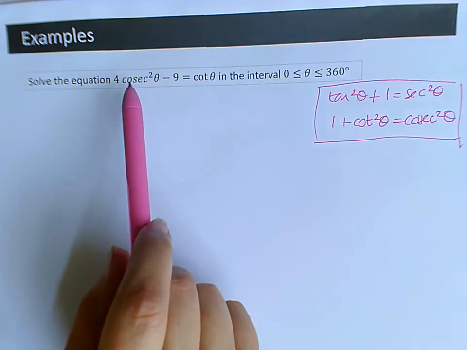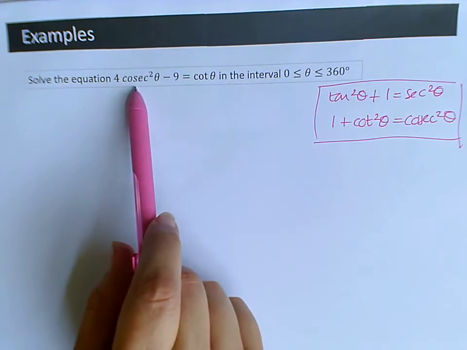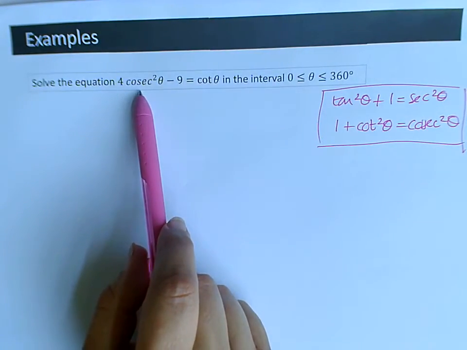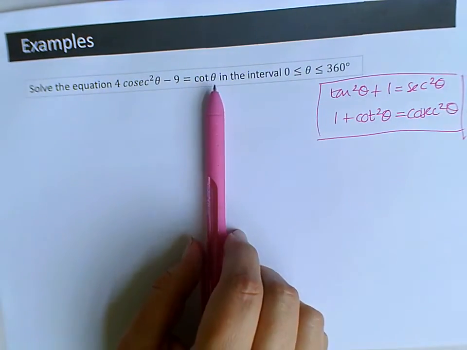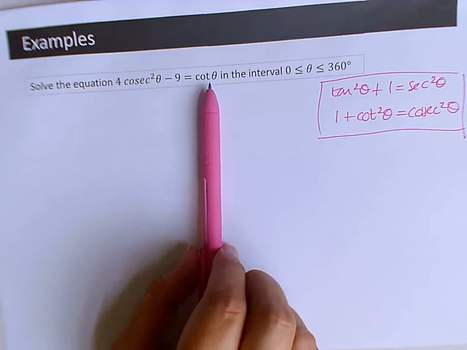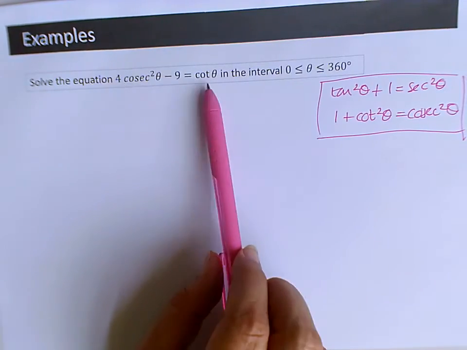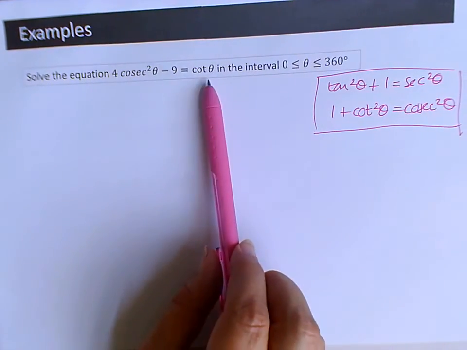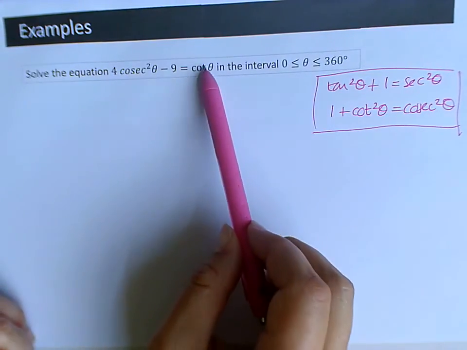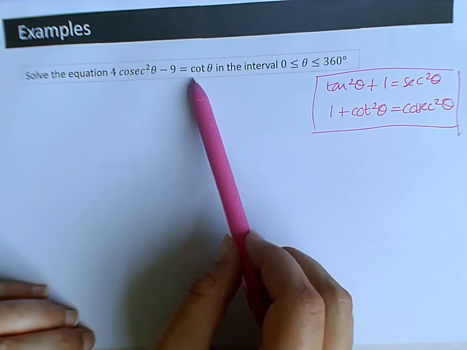So this is looking like it wants to be a quadratic because I have one term that's squared and another term that isn't squared. Therefore, I'm going to need to make sure these are both cosec or both cot or something like that. I can't change that because it's not squared.